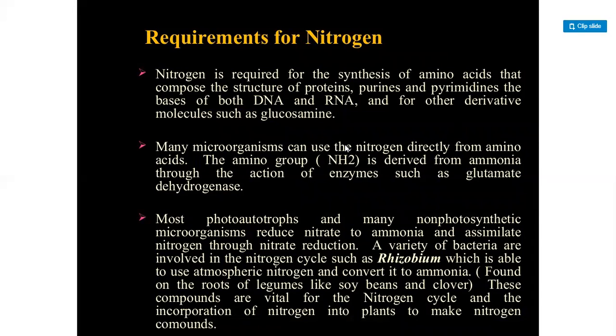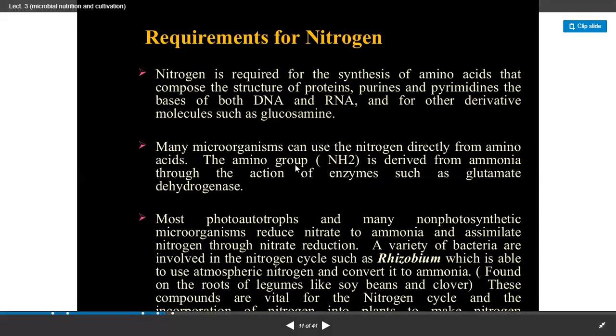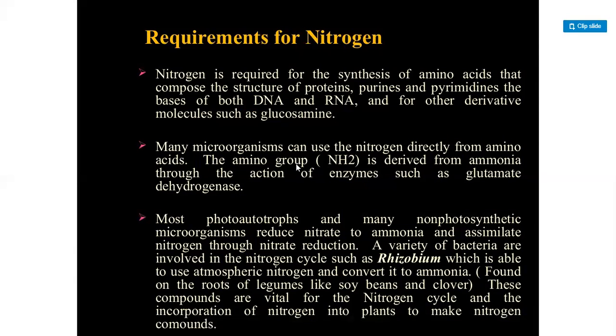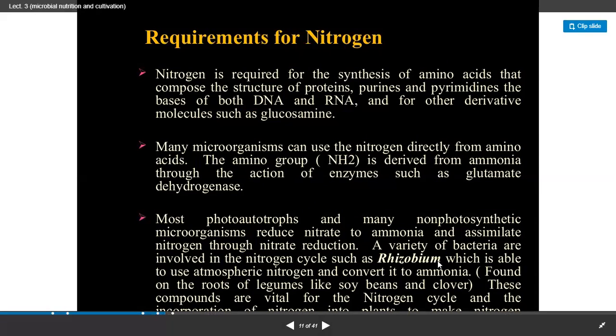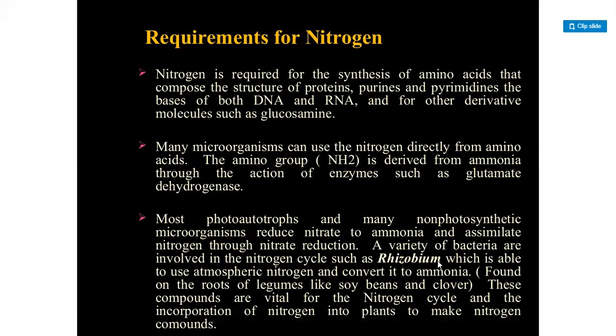Proteins have amino acid structures, and amino acids have an amino group which is derived from ammonia, that is the nitrogen. Rhizobium is a bacterium which is known for the conversion of atmospheric nitrogen into ammonia, and it is used in the nitrogen fixation process.